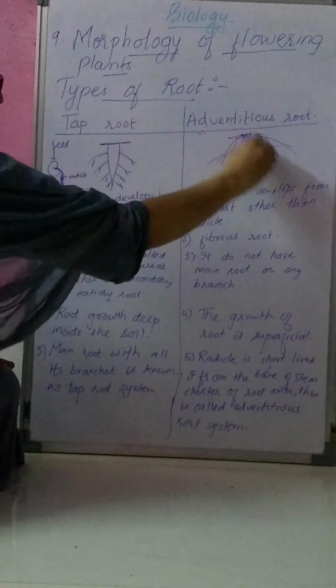In the main primary part food is stored, whereas the branches, that is the secondary roots and tertiary roots, you will find they are hairy. These secondary roots are in the form of hairs.